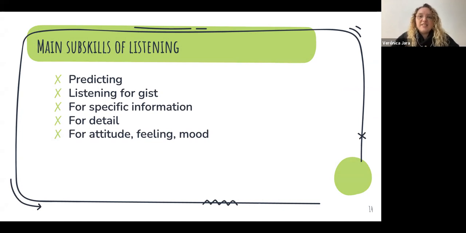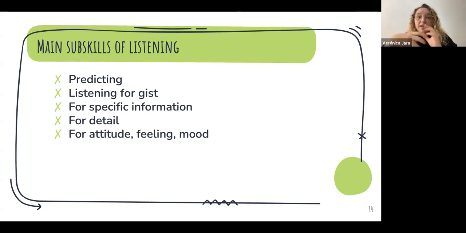So before we do that, I thought it would be a good idea to discuss the main subskills of listening, as we said when we were going over the different parts of the exam. You could see that there were different things that students had to focus on. When we think of the main subskills of listening, we think of predicting, listening for gist or general ideas, general understanding, listening for specific information, listening for detail or detailed understanding, and then listening for inferring attitude, feeling, mood.